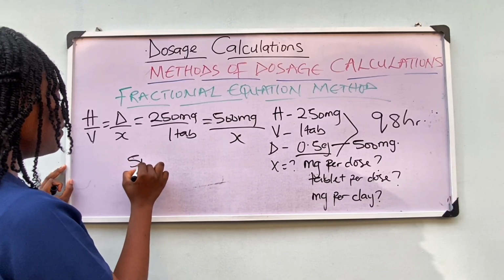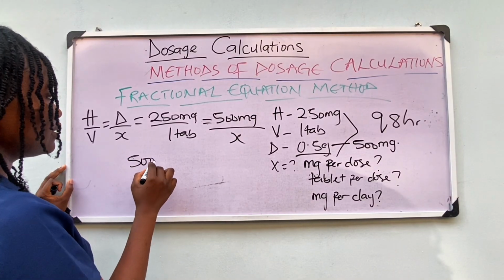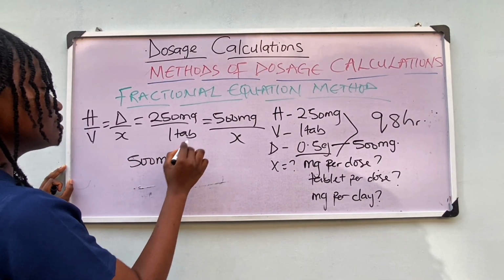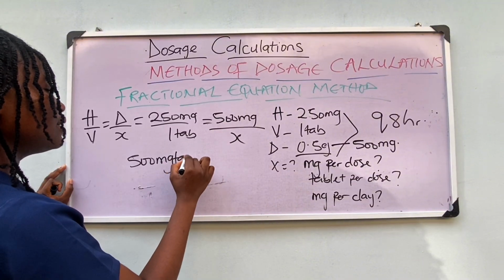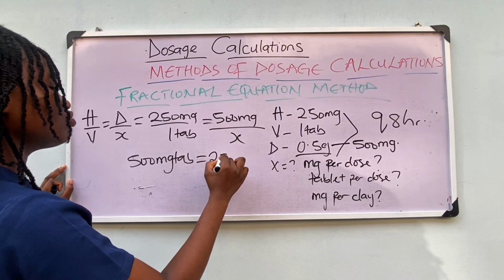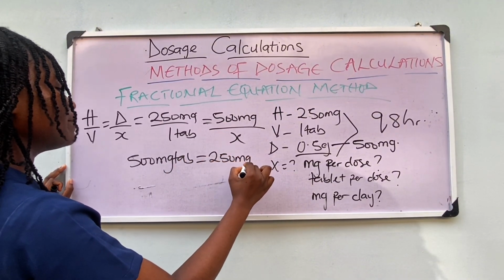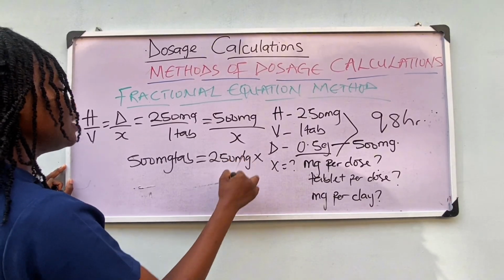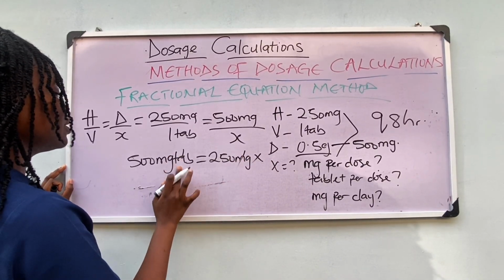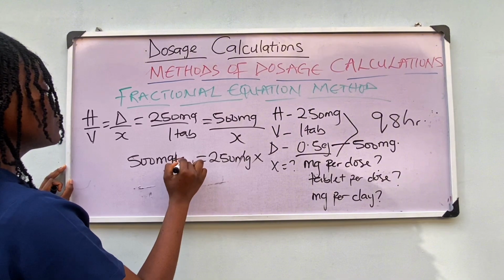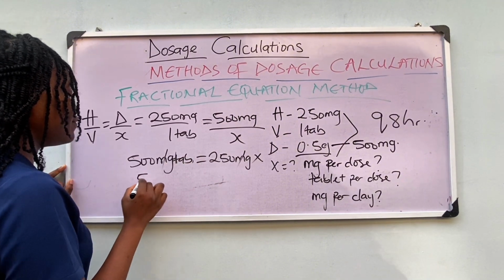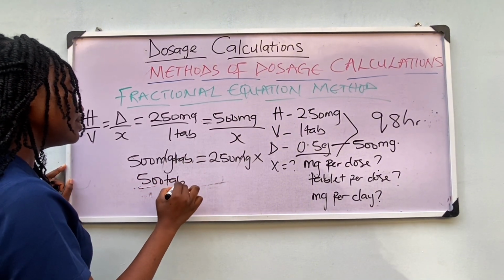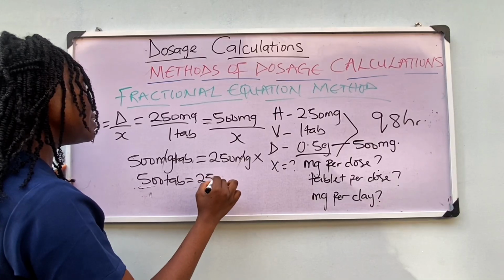So what do we have? 500 milligram tab is equal to 250 milligram X. Milligram cancels milligram. We have 500 tab is equal to 250x.